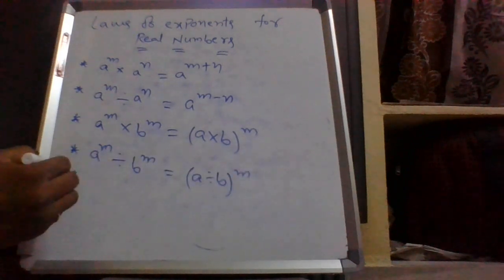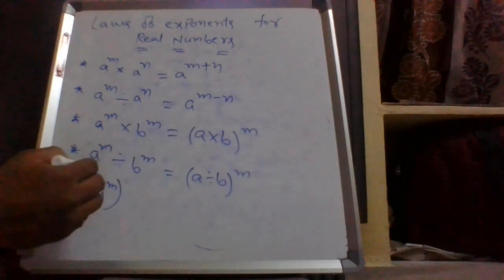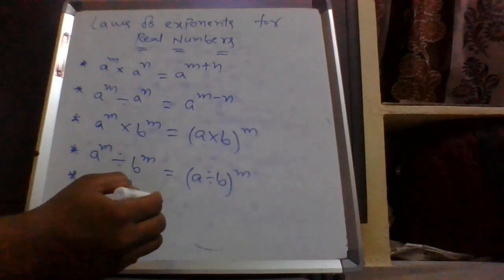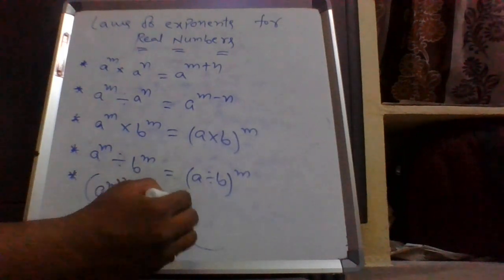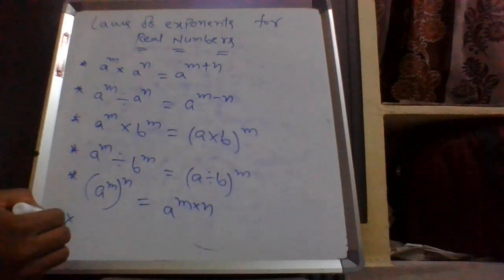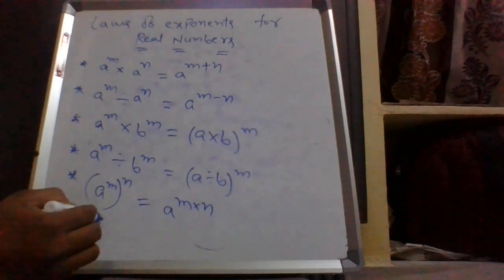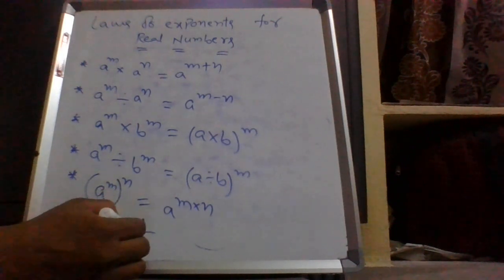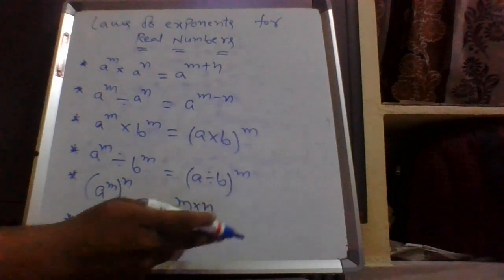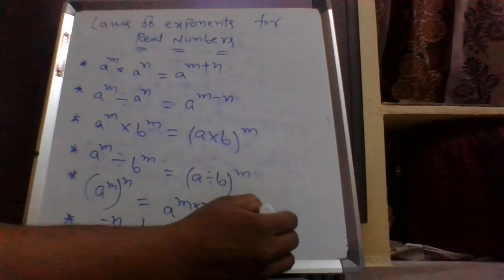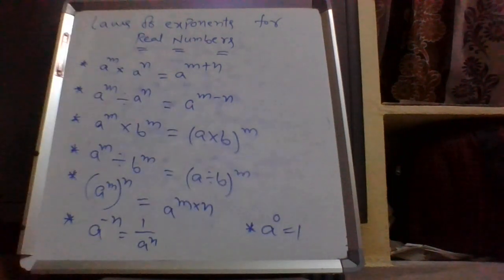And also a power m whole power n, which is nothing but a power m into n. Not only this, one more: a power minus n is equal to 1 by a power n, and one more thing, anything power 0 is equal to 1. These are the formulas of laws of exponents. These are the laws of exponents for real numbers.